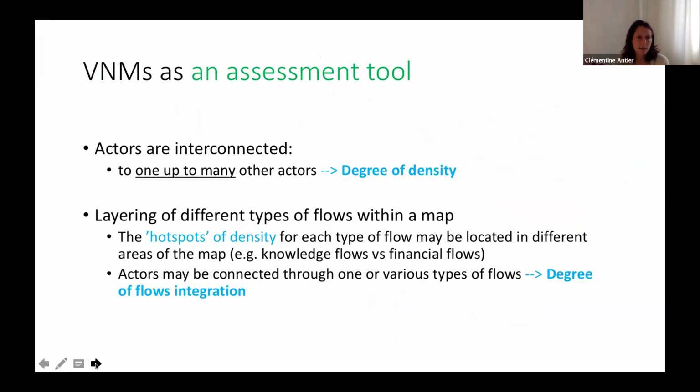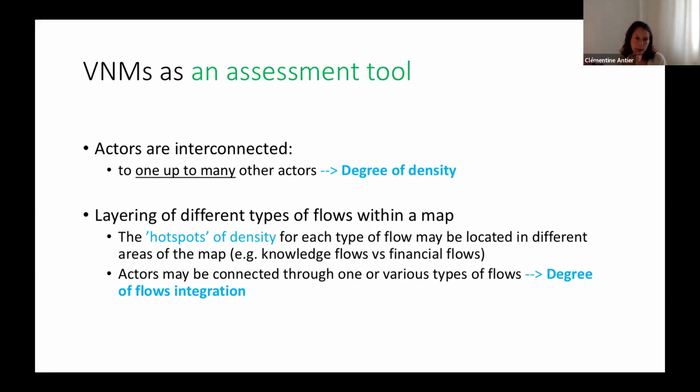And then the second possibility is to use value network maps more as an assessment tool. And here I found two concepts that we could use for that. So first we can observe the degree of density of the map.